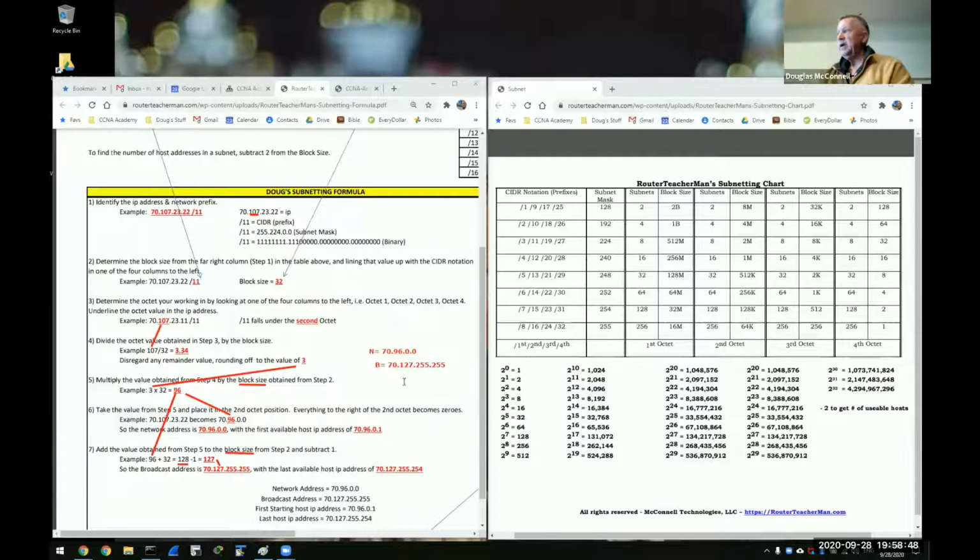So how big is that network? Because isn't that a network? How big is that network? We can tell exactly. And this is where the other block sizes come into play.